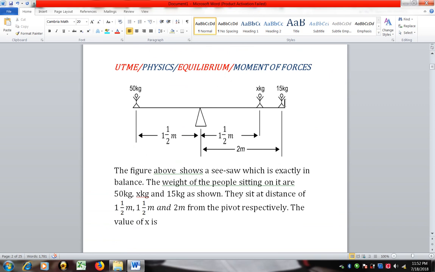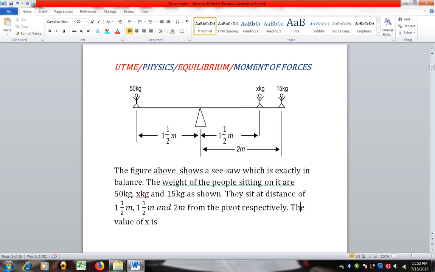You can see that the weight of these two masses will definitely push this end of the seesaw downward, and if you follow the rotation of the seesaw, we can see it is going clockwise, in the direction of the clock. So these two masses cause clockwise moment.